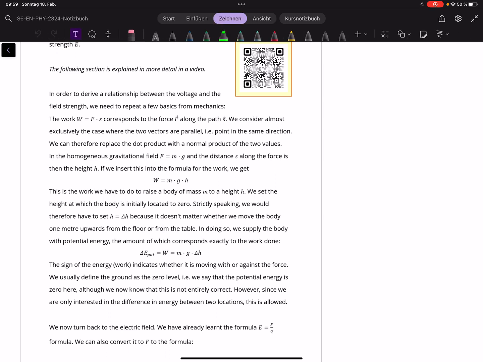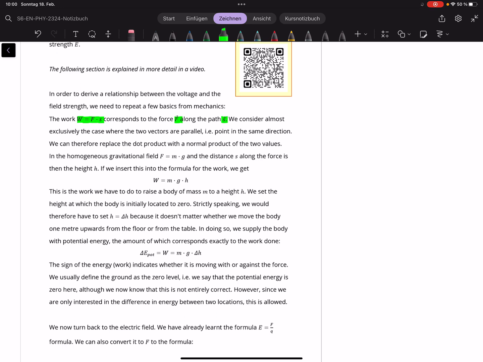So we start with the definition of work, and the work is defined as the force that acts along a certain way or distance, which we call S sometimes. It's called D. I suppose it's because of the German word Strecke.